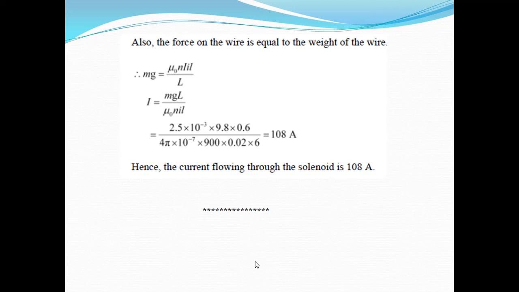So that should be equal to mg. And from this we can deduce i equal to m g l by mu naught N I L. So substitute all the values from the given data and you get your answer to be 108 ampere.